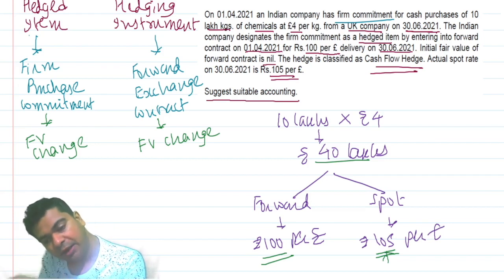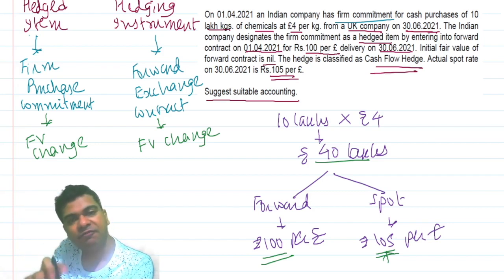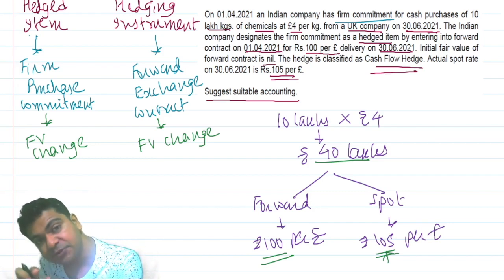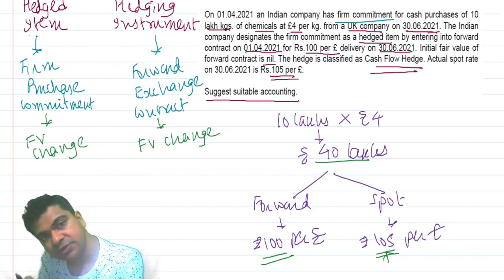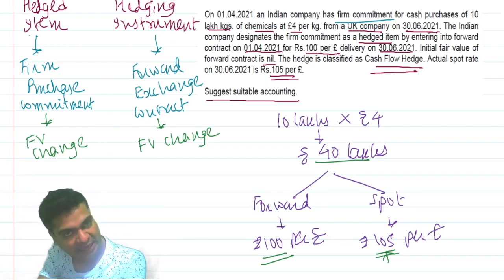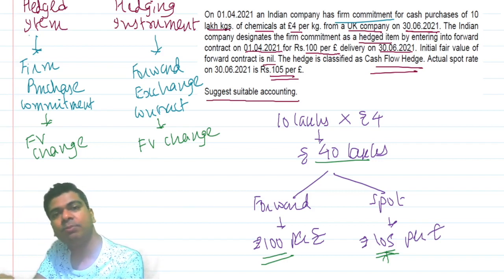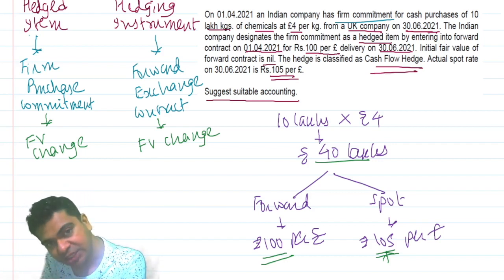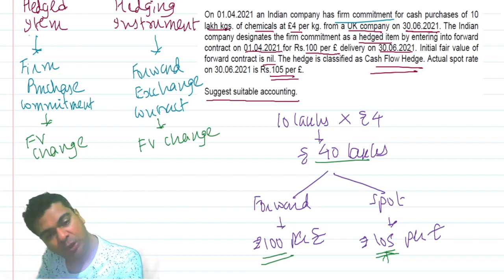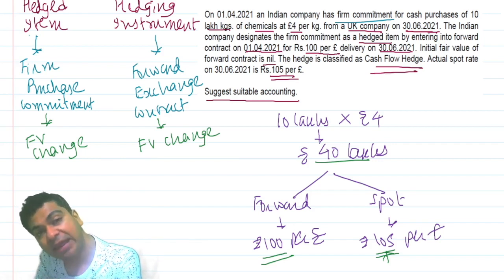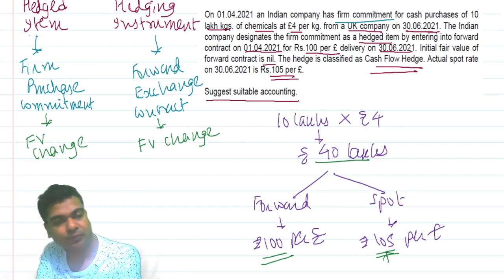So 105 compared with 100, the difference is 5. So this 5 rupees per pound is causing a fair value loss for the hedged item. But thanks to the forward contract, that same 5 rupees per pound is hedged. So that will be the fair value gain for the hedging instrument.